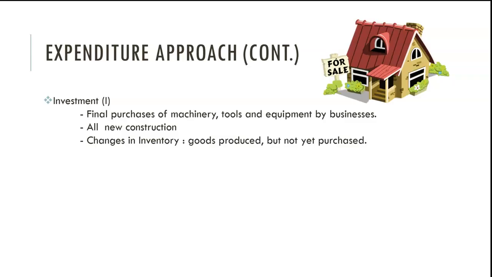We're also going to count changes in inventory. For this class, when we talk about inventory, we're talking about goods that are being produced that are not necessarily intended to be sold immediately. Stores often want to have extra inventory on the shelves, so when you walk in, you can see 10 different shirts hanging on the rack, even if they only expect to sell 3 shirts.